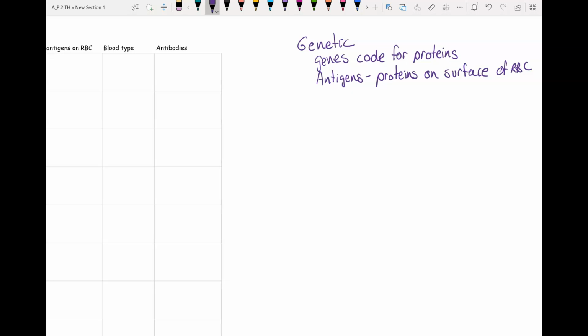And if you remember from chapter 2, proteins are all about shape. So these antigens come in different shapes. And your blood type is which shape antigens you have on your red blood cells.